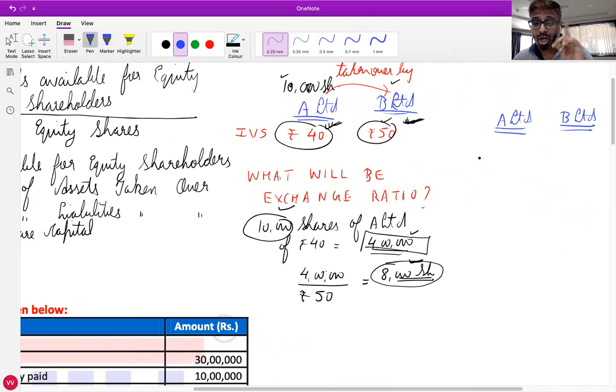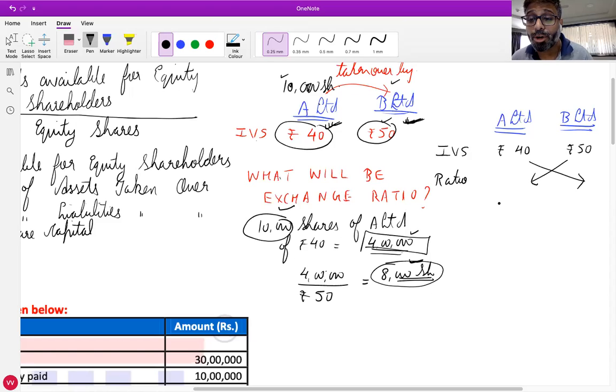Now understand the shortcut method. What is the intrinsic value of shares of A Limited? 40 rupees. B Limited? 50 rupees. Now for the exchange ratio, just reverse it. It becomes 50 to 40.